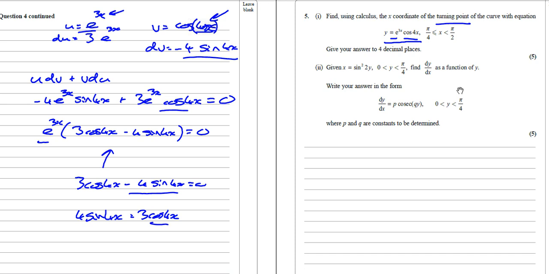And then we're going to bring the cos over to the left-hand side, and the 4 over to the right-hand side. So we've got sine 4x over cos 4x equals 3 over 4. That's going to be tan 4x equals 3/4. And if we have a look here, we've got it in terms of radians, so make sure you calculate it in terms of radians. I'll do the same.